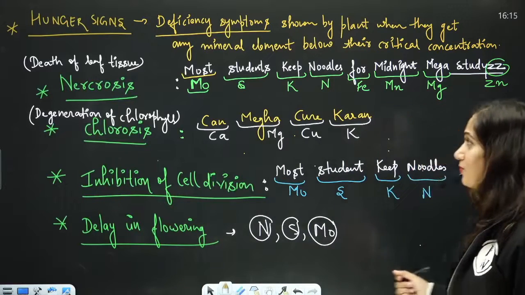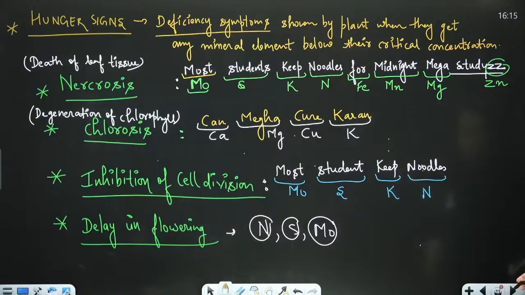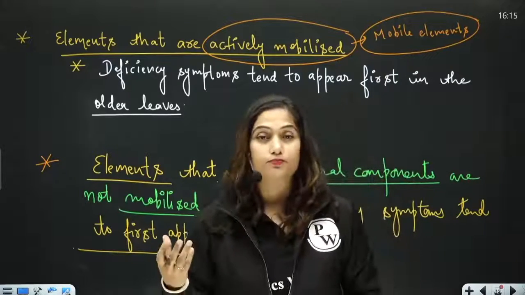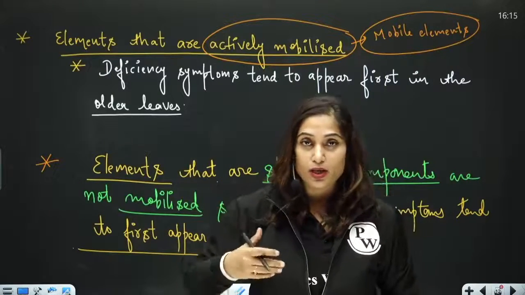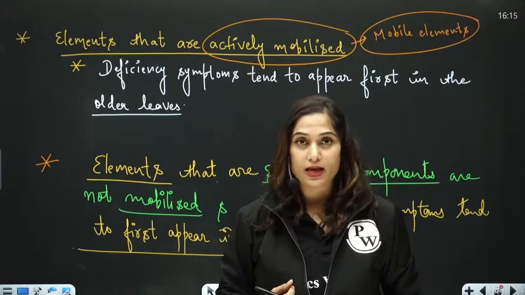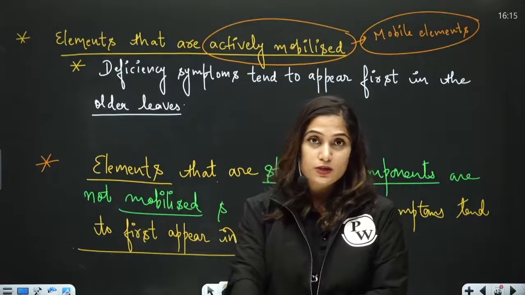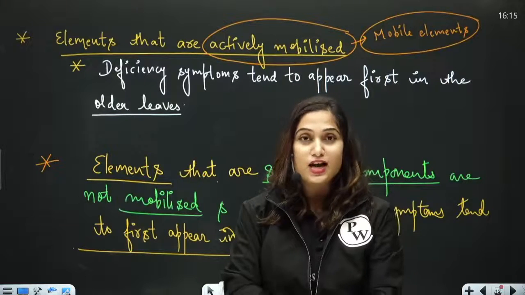Okay. Now let's move on further. Yes, this is very important. I told you in transport in plants that some of the elements are remobilized from old leaf to the younger leaves.